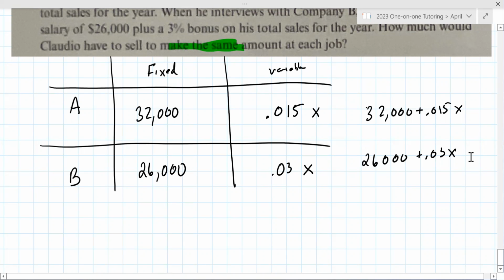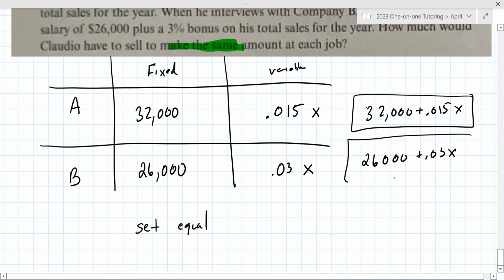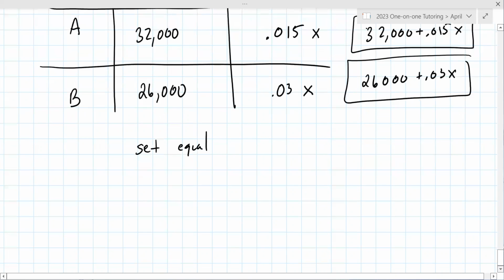By elimination. You set them equal. You set equation 1 equal to equation 2. So 32,000 plus 0.015x equals 26,000 plus 0.03x.